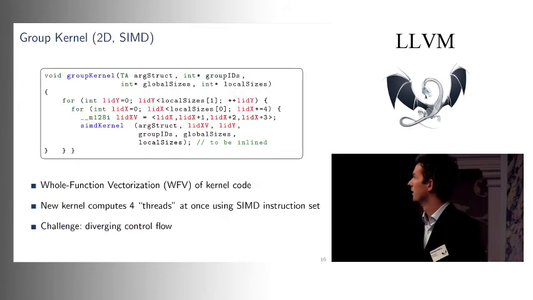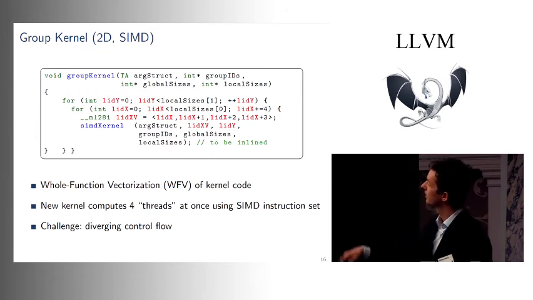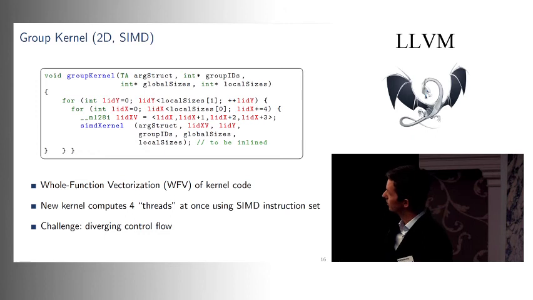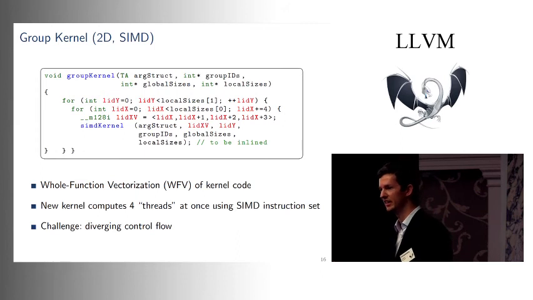So let's have a look at how this looks inside LLVM. Now we call a function that is noted here SIMD kernel, and we call that whole function vectorization. We had to take another name because vectorization is so ambiguous that whole function vectorization says what we are doing.